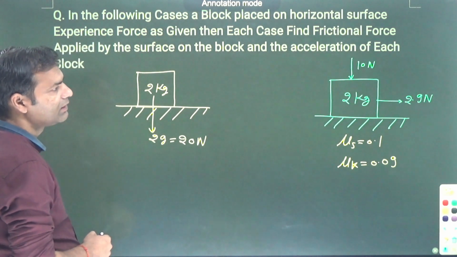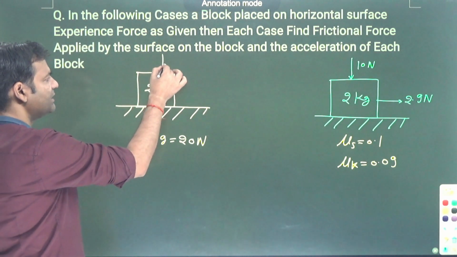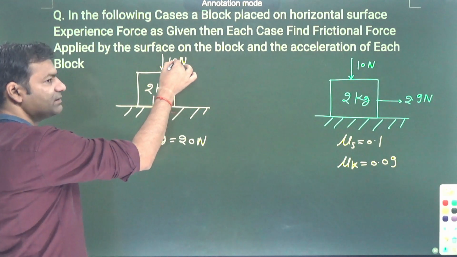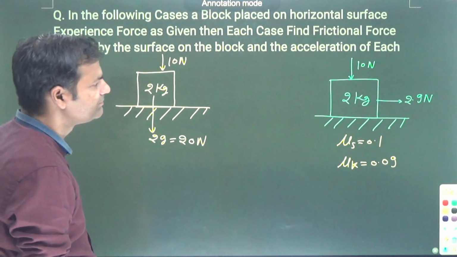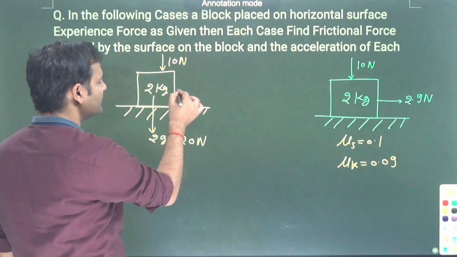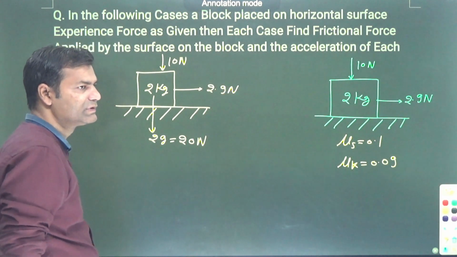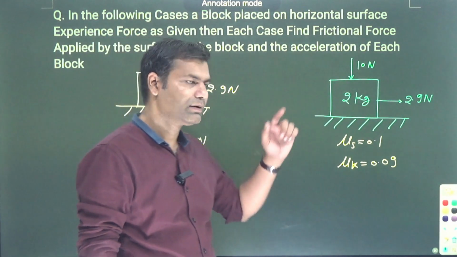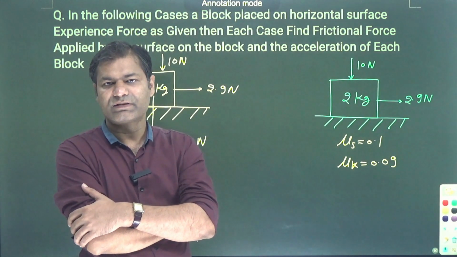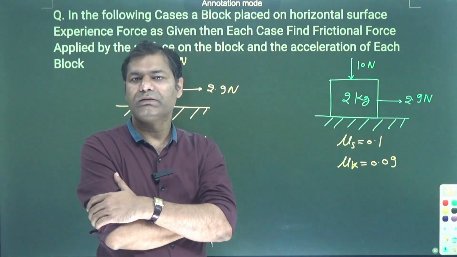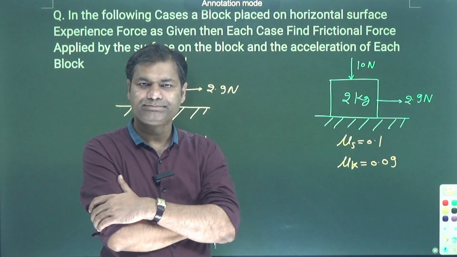This one is 10 Newton, that is contact force, that is 10 Newton, and here 2.9 Newton contact force. Now next, this surface is a rough surface, that's why 2 forces are applied.